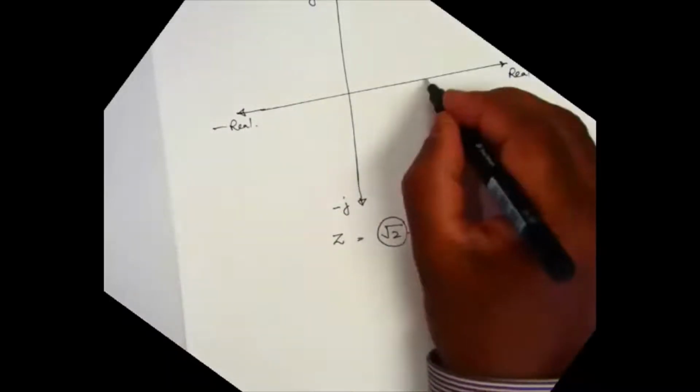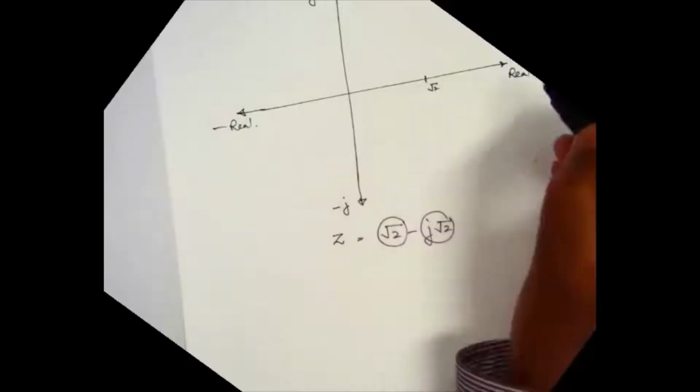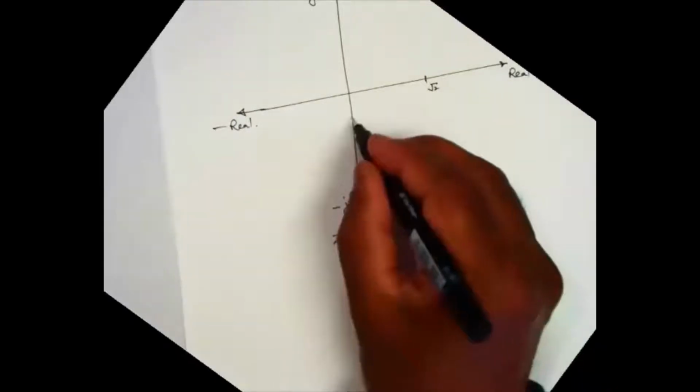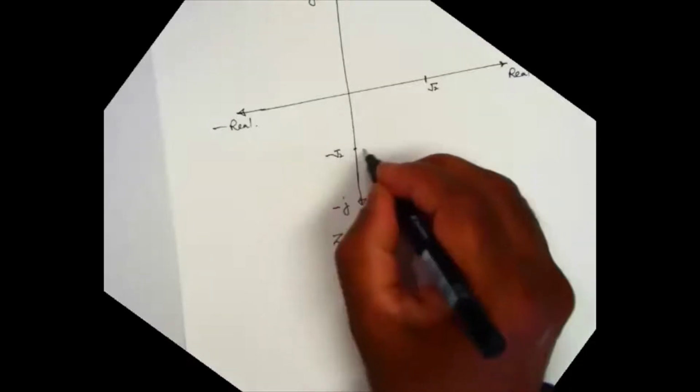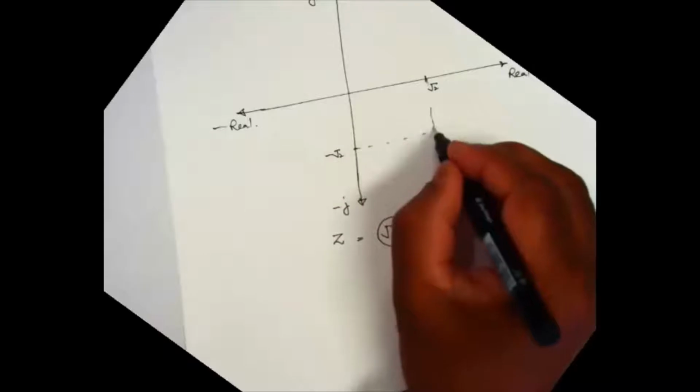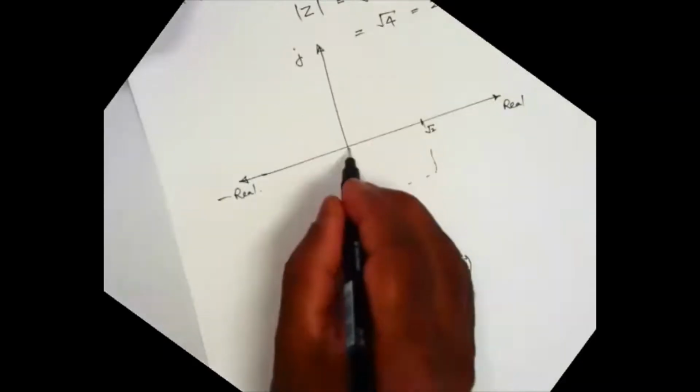If you take the square root 2 to be somewhere there, and negative square root 2 on the j axis to be somewhere there, we know that our vector lies somewhere there.